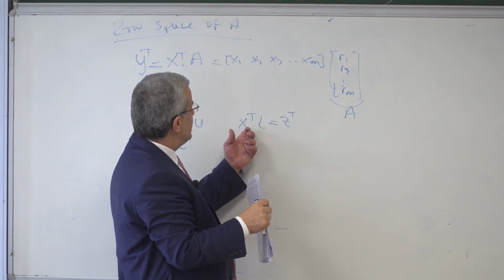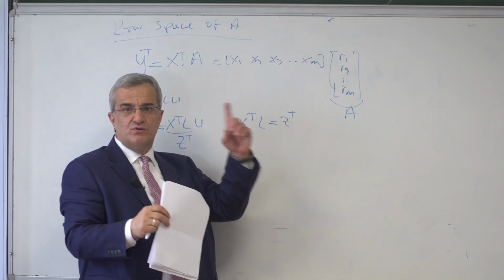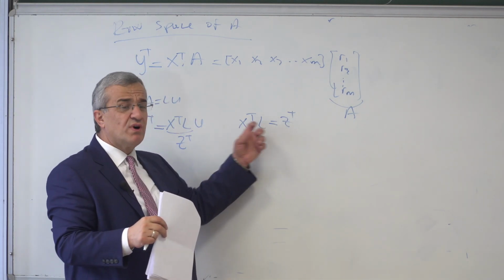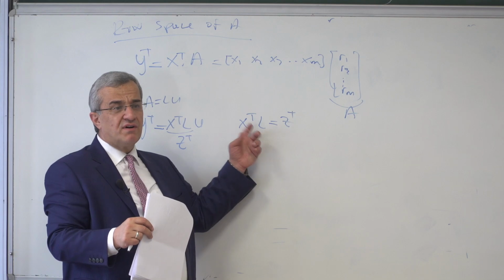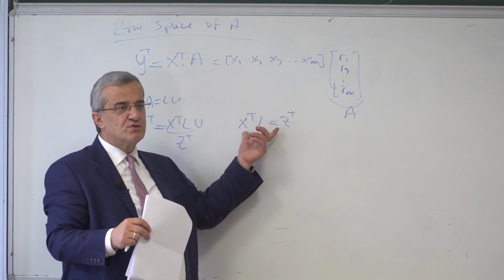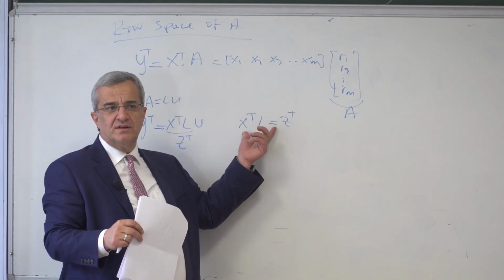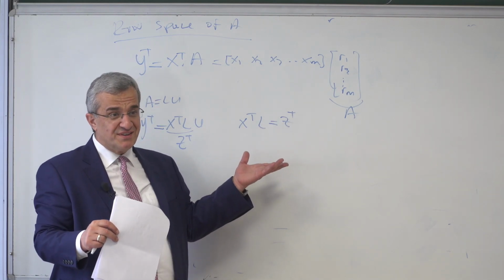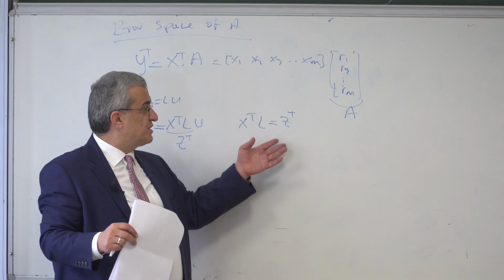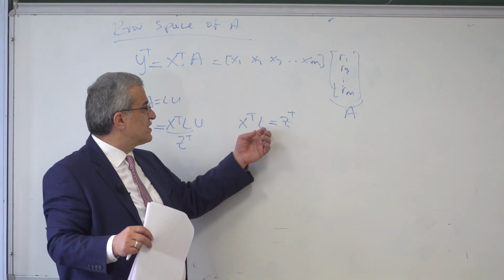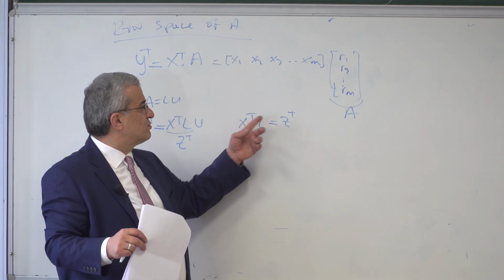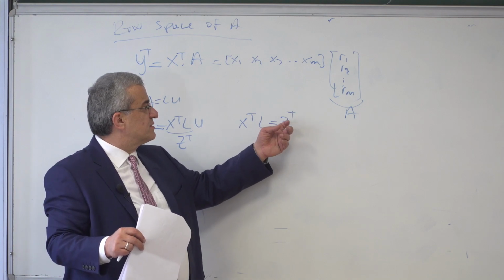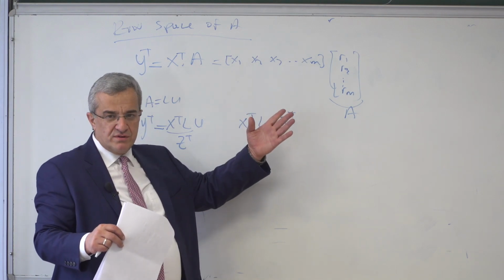For every x, I have a unique z, and vice versa. Why is that? This has a unique solution. Why is that? Because L is square and invertible, right? It has an inverse. You give me z, I can just say x is equal to z transpose L inverse, and vice versa.